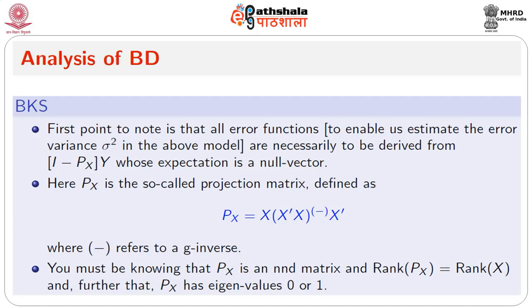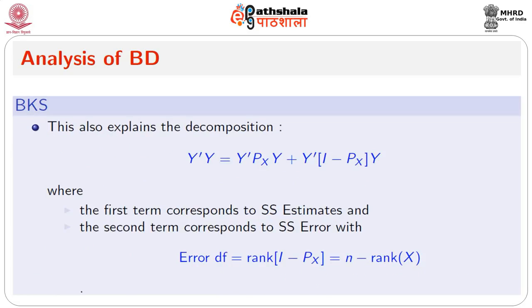You must be knowing that this Px is an MMD matrix and the rank of Px is the same as the rank of X, and further that because it is a projection matrix, its eigenvalues are 0 and 1. So this also explains the decomposition of y transpose y, the total sum of squares, as y transpose Py plus y transpose (I minus P) y.